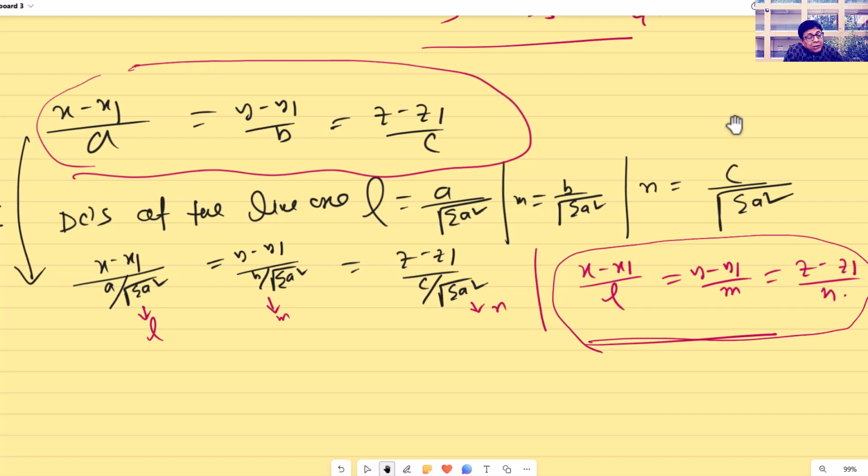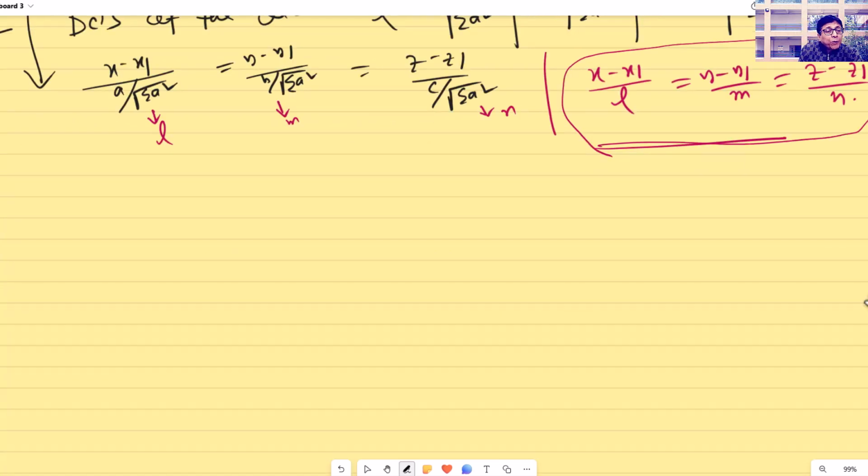If not 1, they are just direction ratios. So before you solve any problem based on it, keep this in your mind. The line can be given in terms of direction ratios as well as direction cosines. There is no problem in writing any one of the two forms.